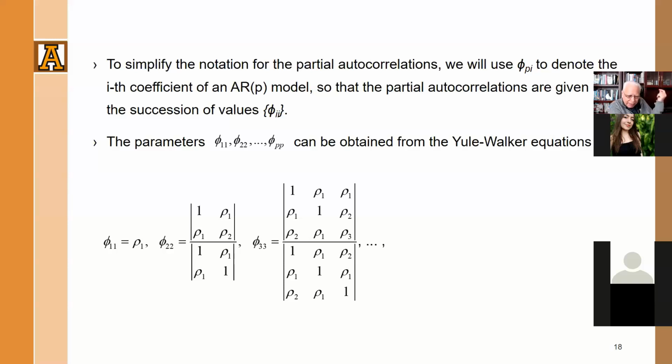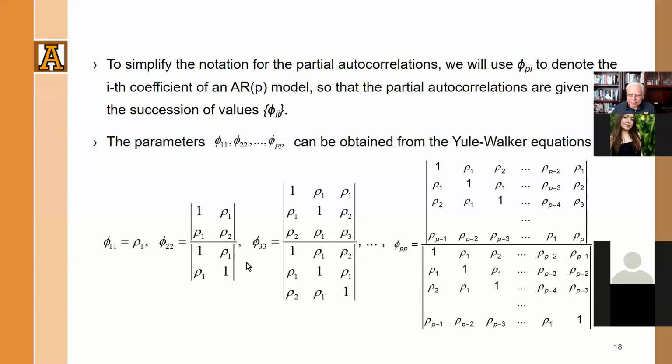This can be derived from the Yule-Walker equations. Then phi_{33}, the third element of these partial autocorrelations, is the ratio of those two determinants. You can extend the pattern, and that's essentially phi_{pp}, the pth coefficient of an AR(p) model.